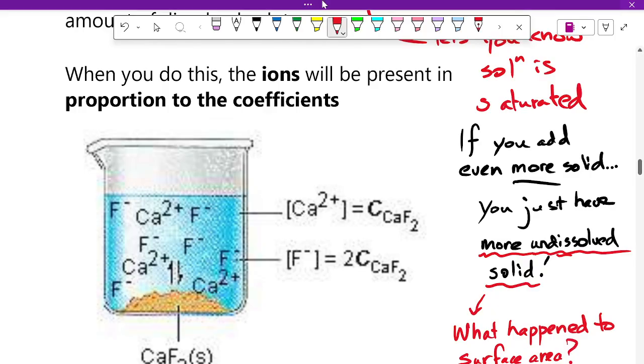So you go from having a small pile of solid to having a bigger pile of solid.